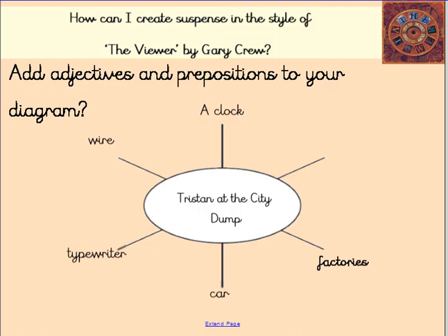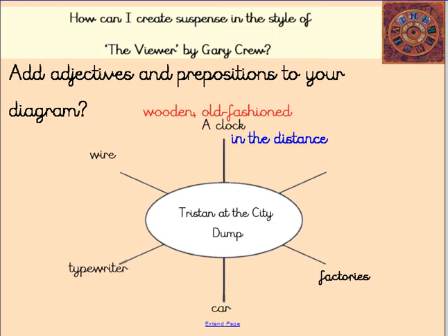Here are the nouns that you had originally, and the next activity I want you to do is to add some adjectives and then a preposition to each of the nouns. If you've got loads and loads of nouns around your word, maybe just choose your best 5 or 6 to add adjectives and then the preposition to tell us where they are.